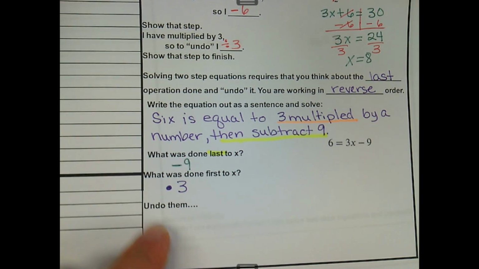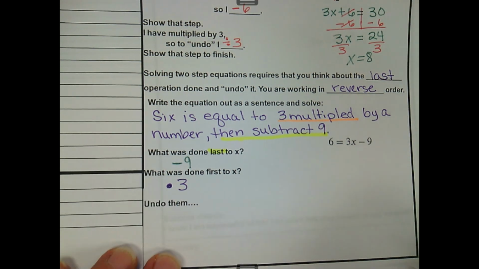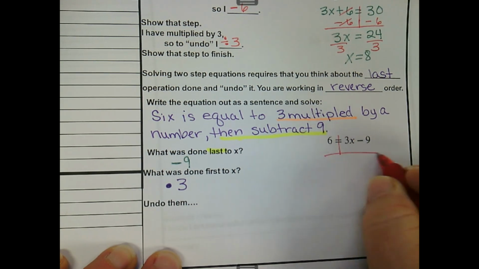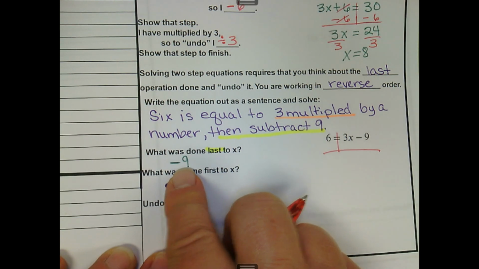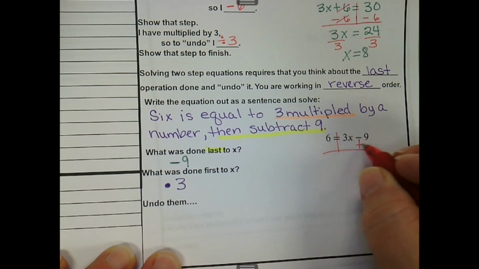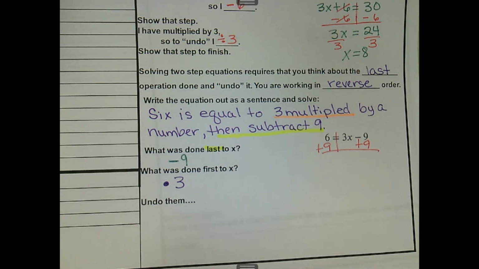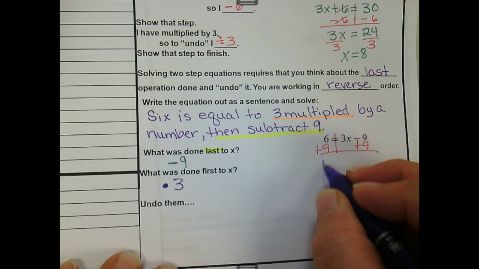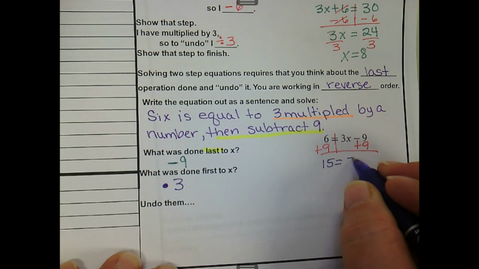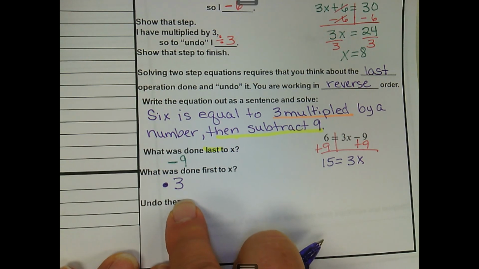Okay, let's undo them. We start at the end and work to the beginning. The last thing was minus 9. How do I undo that? Well, you add 9 to both sides. 6 plus 9 is 15, which is now equal to 3x. What was the first thing done?